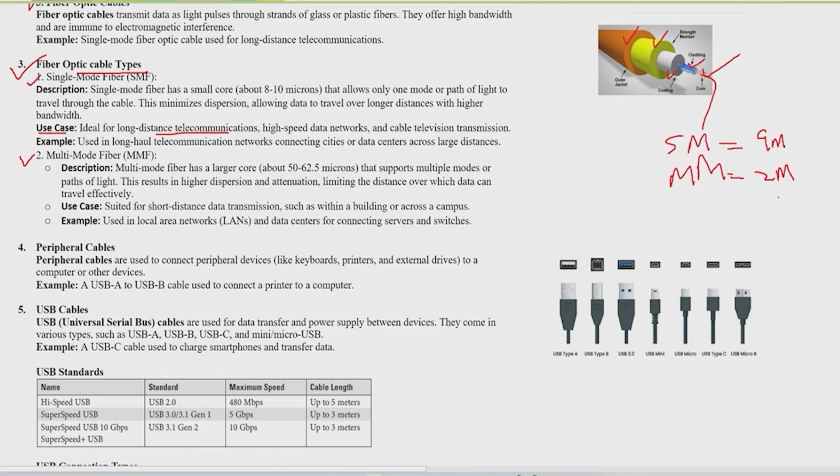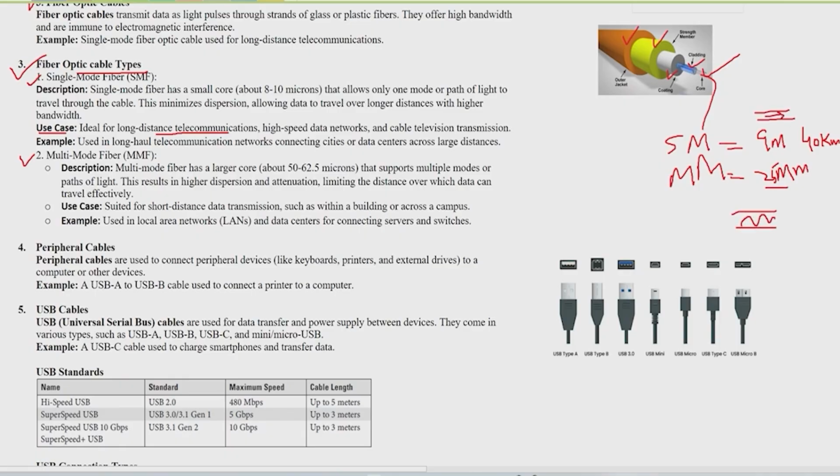Whenever you have a very small core, 9 micron, the light will go straight and it will be very fast. So it can go up to 40 kilometers. But this one is big, so the signals will be going like this.